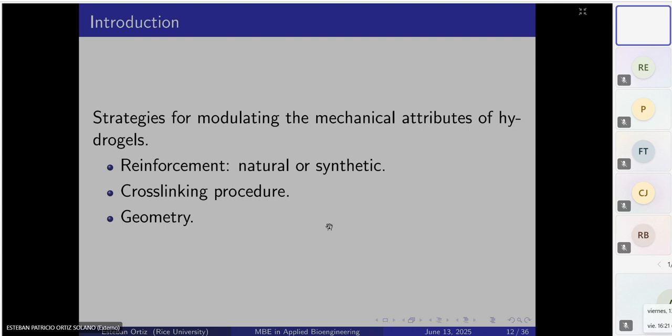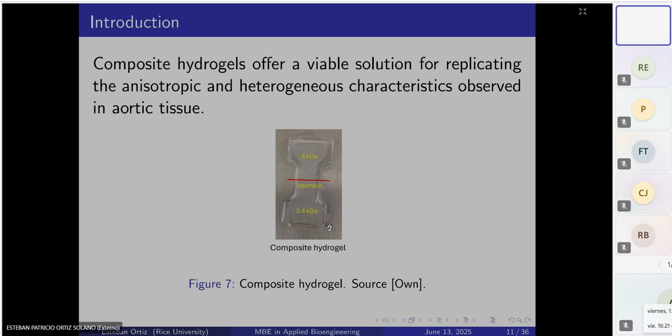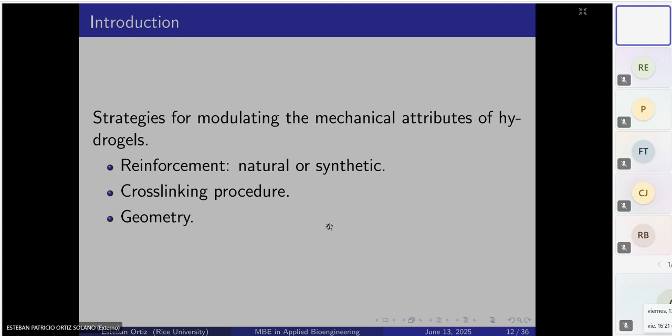Because as you saw in the leaflet, one part has a lot of elastin, which means it has a lot of flexibility, and the other part has the collagen, which means it is stiffer. So there are different ways that we want to control these mechanical characteristics of the hydrogel, and you can make a reinforcement with natural or synthetic fibers, like a composite material.